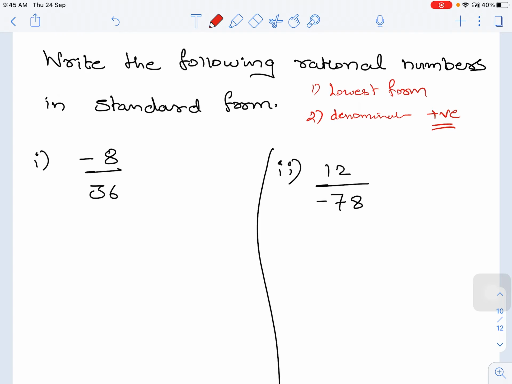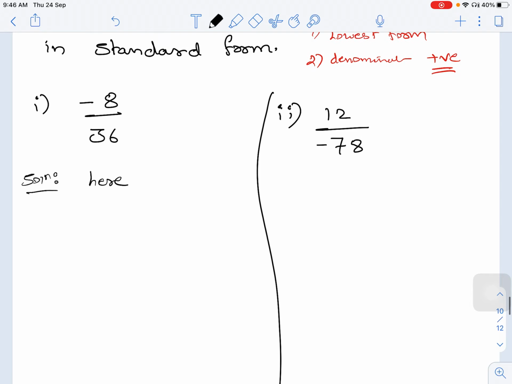Now here we have an example, that is minus 8 upon 36 equals to. Now check whether we can write this minus 8 upon 36 in lowest form or not. So let me write something over here. Here now minus 8 upon 36 equals to.